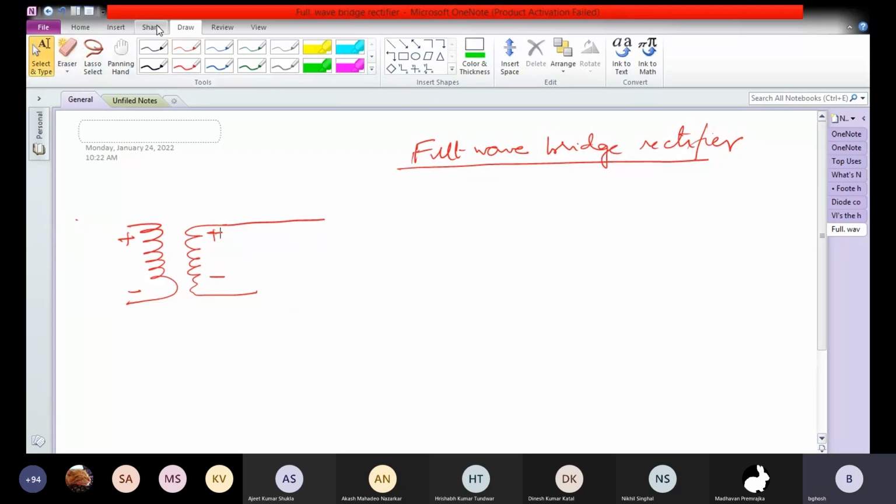Let us draw it in a bigger way so that it is easier to understand. Let us draw it in black.